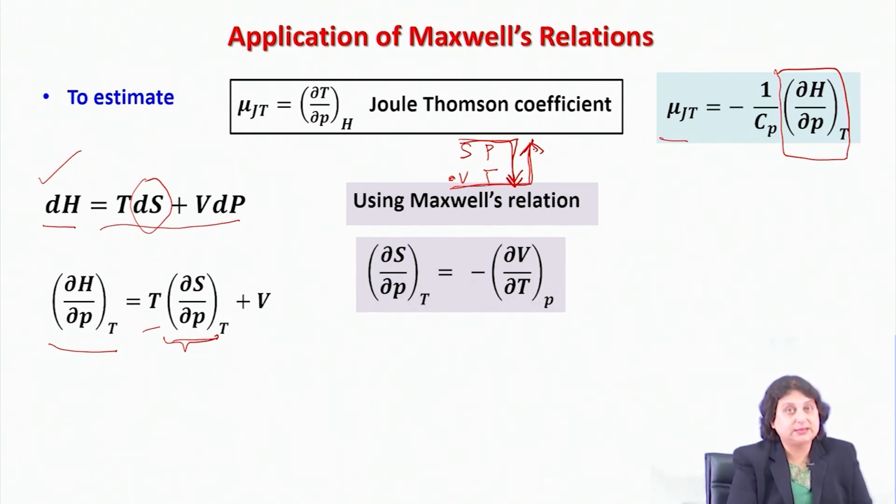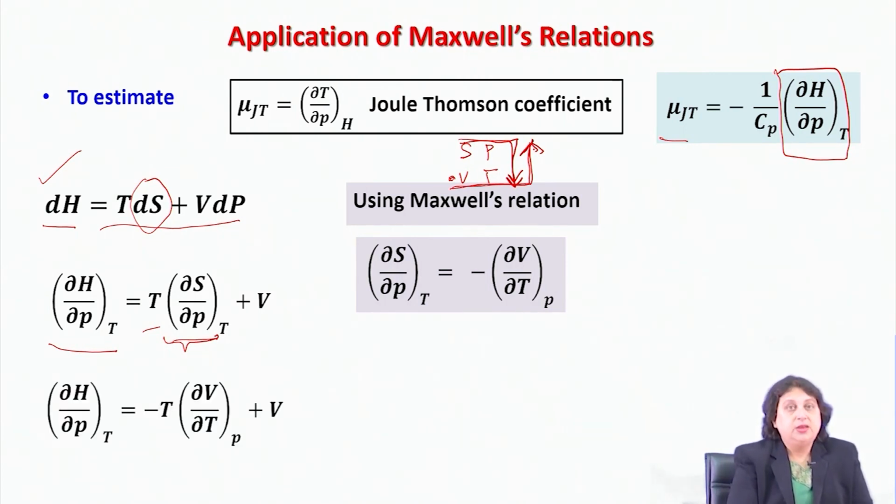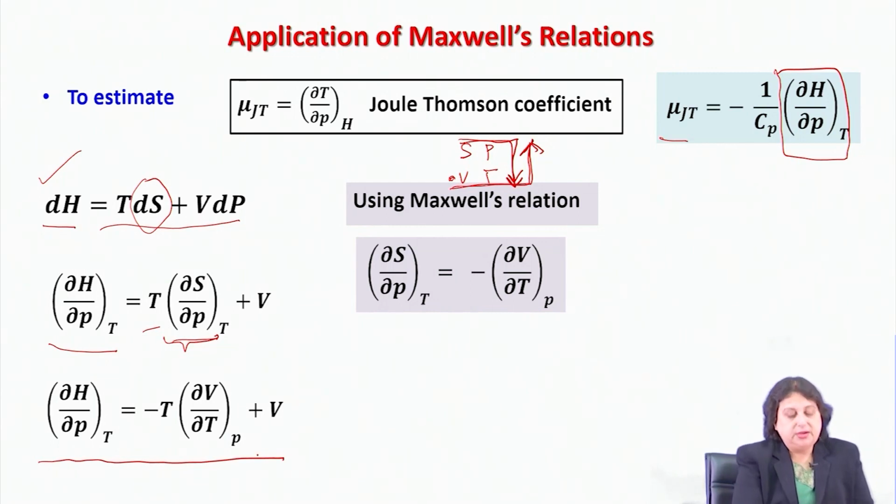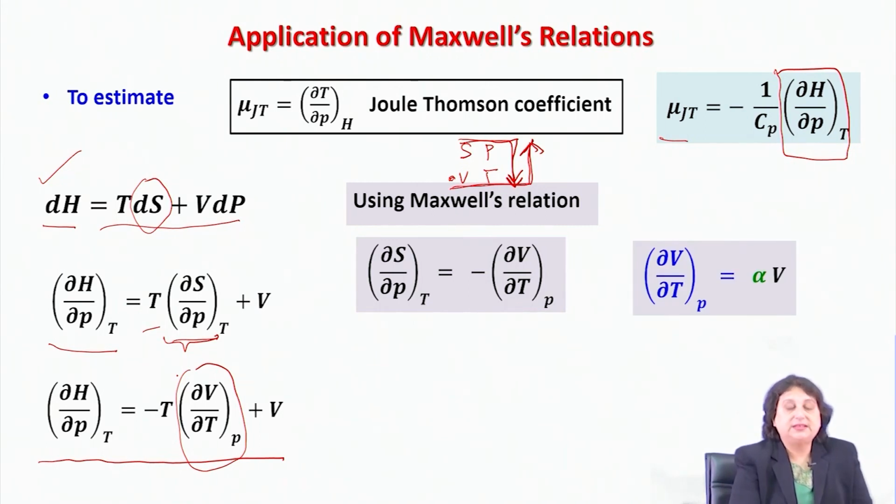Now, does the introduction of Maxwell's relation here help us? The answer is yes. That is because using this, now I can write down (del H/del P)_T is equal to T into (del V/del T)_P plus V. And this particular relationship is familiar. That is nothing but alpha into V, where alpha is the isobaric expansion coefficient.